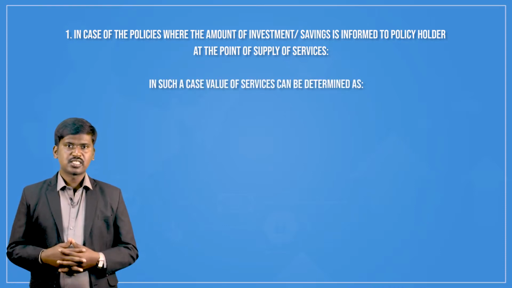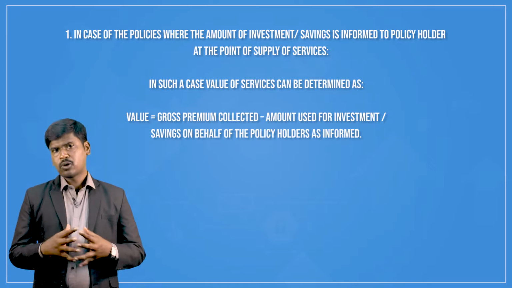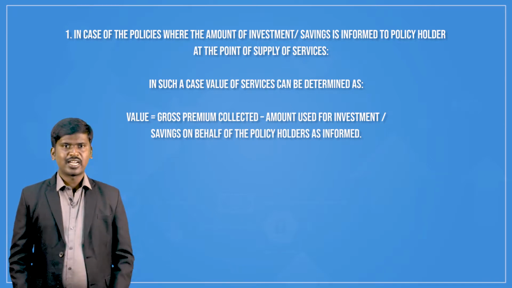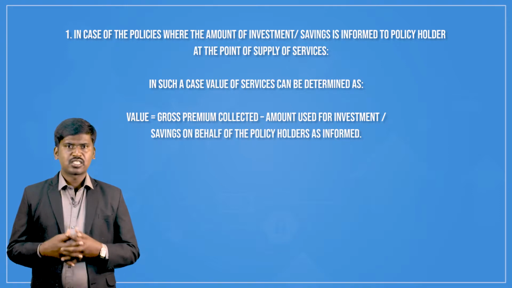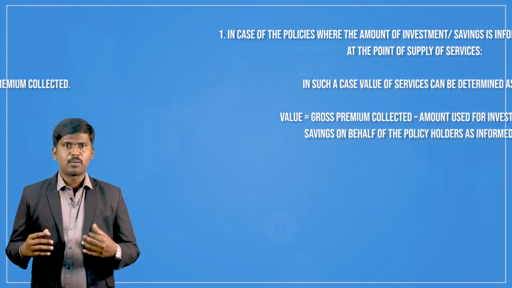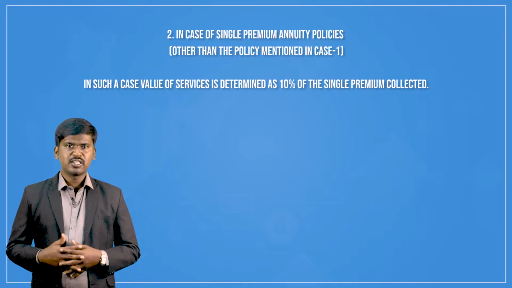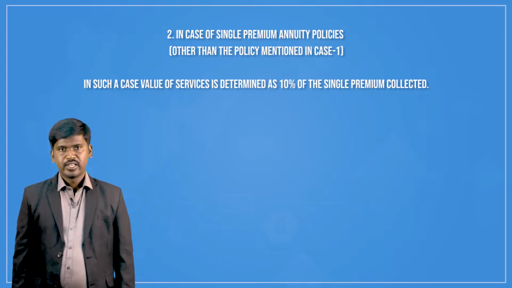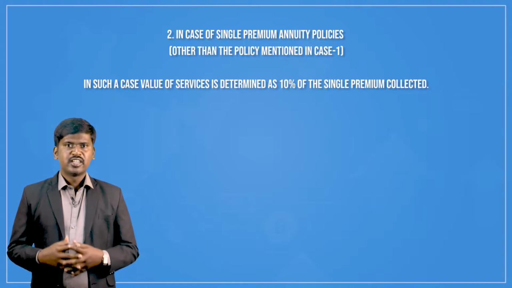In such a case, value of services is gross premium collected minus the amount used for investment or savings on behalf of the policy holders as informed. Number 2, in case of single premium annuity policies other than the policy mentioned in case 1, in such a case, value of services is determined as 10% of the single premium collected.